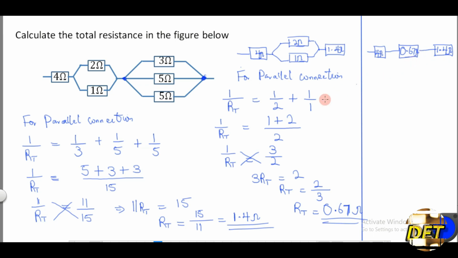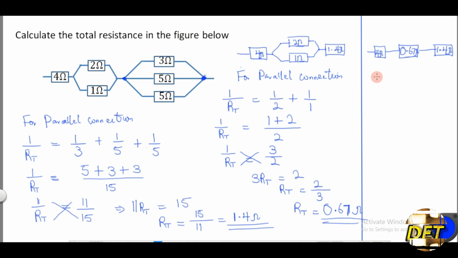So first of all, I resolved these 3 ohm, 5 ohm, and 5 ohm, which are in parallel connection, into a single resistance, and I got 1.4 ohm. Then I resolved these 2 ohm and 1 ohm into a single resistance, and I got 0.67 ohm. So they are now in series with this 4 ohm.